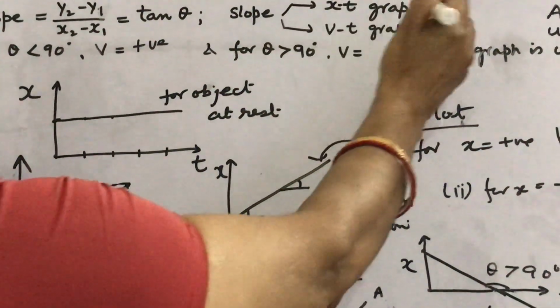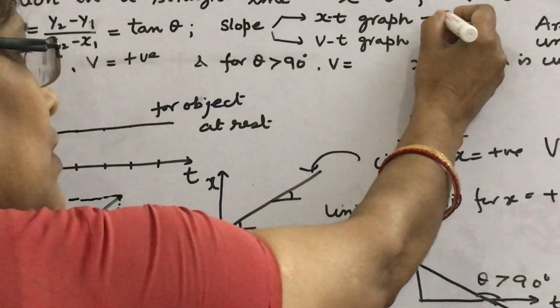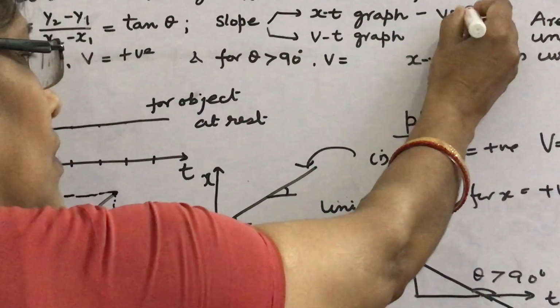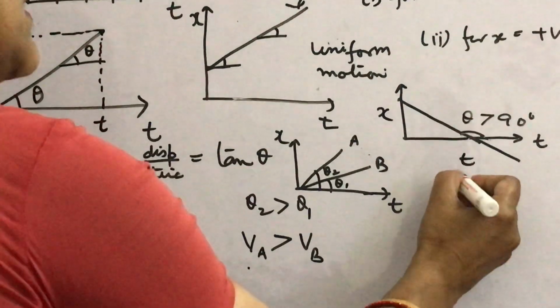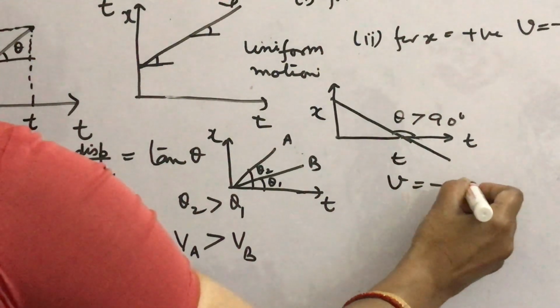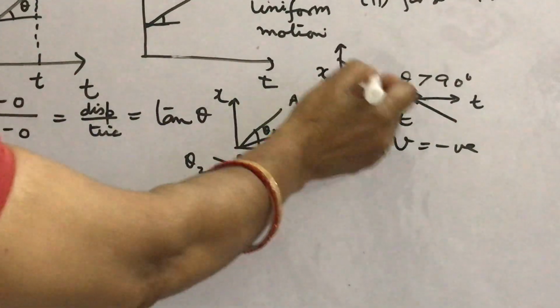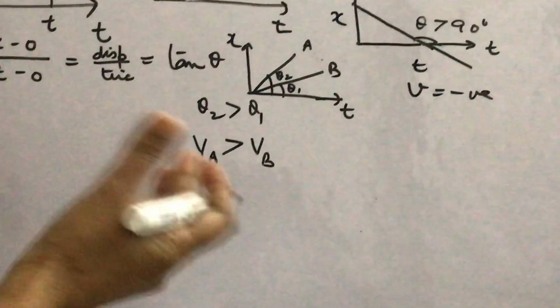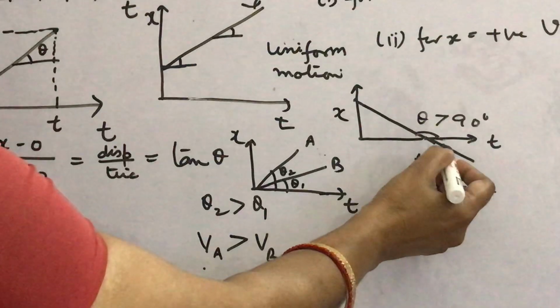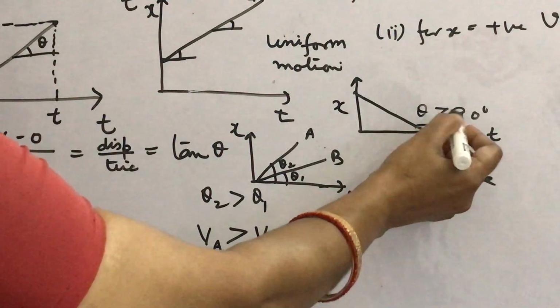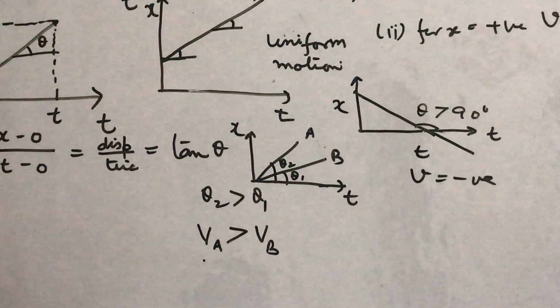What is the slope of the xt graph? That is velocity or speed. And here in this case v is negative. Why negative? Because this is tan theta with theta more than 90. You will see here that this slope represents negative velocity because theta is more than 90. Learn it.